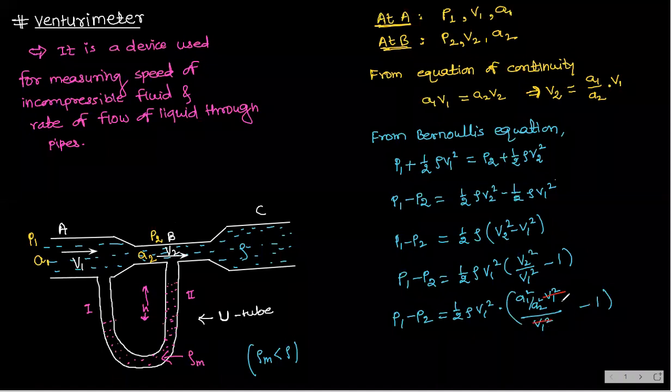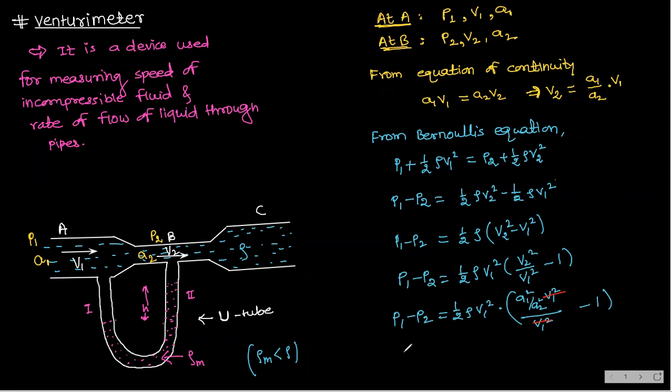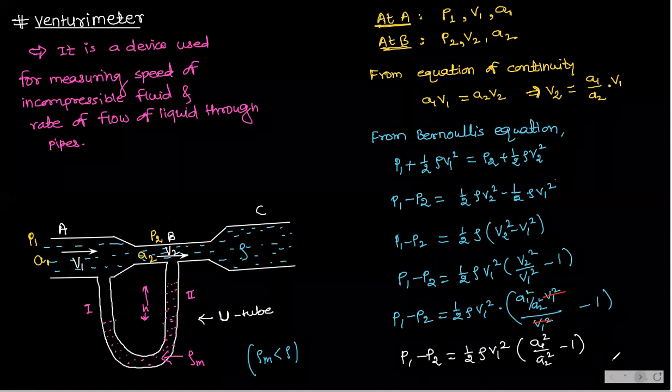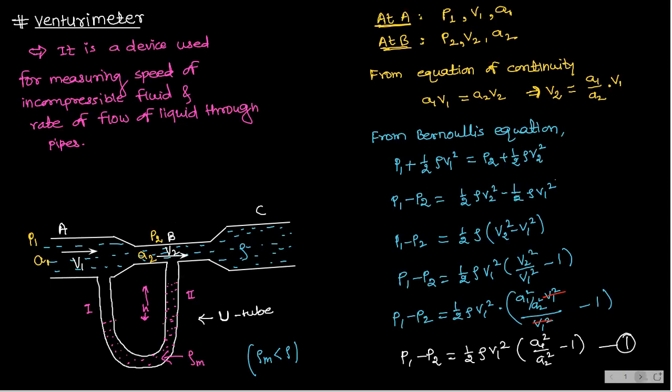This V1 square and this V1 square will get cancelled, and then I will get P1 minus P2 is equal to half rho V1 square into A1 square by A2 square minus 1. Check it once. Is it clear? Okay. Now let's move ahead. First we will call this as equation number 1.